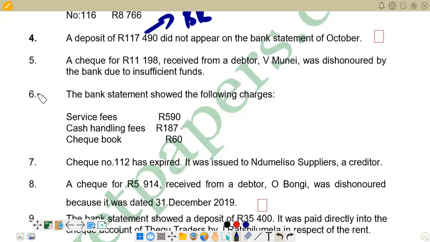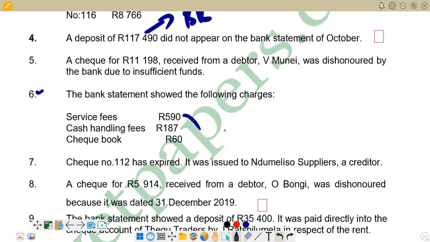So from 5, we are going to 6 here. Item 6 reads: the bank statement showed the following charges. It means these ones were on the bank statement, but are not appearing in our journal. So these are payments, and they are going to go to the cash payment journal. If you see in the description of these items, we've got service fees, cash handling fees, checkbook.